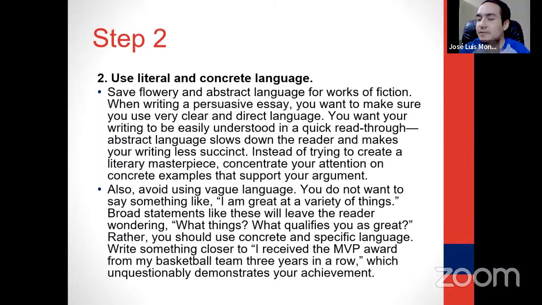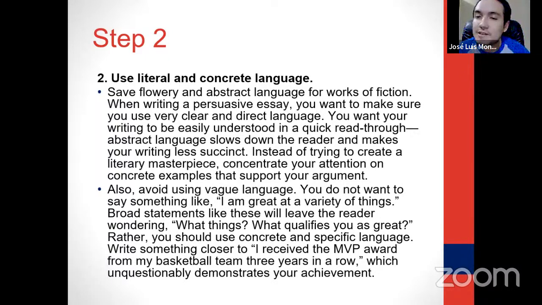You can write different types of papers and use this type of metaphorical language. But in an argumentative or persuasive essay, you don't have to say things in a metaphorical way. You don't have to use vocabulary that complicates the idea instead of making it more understandable.